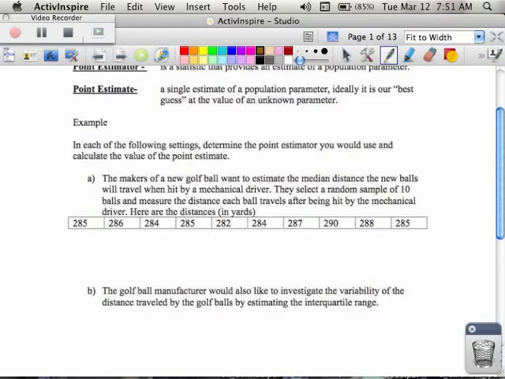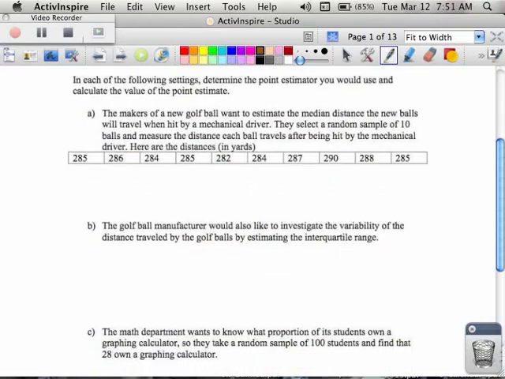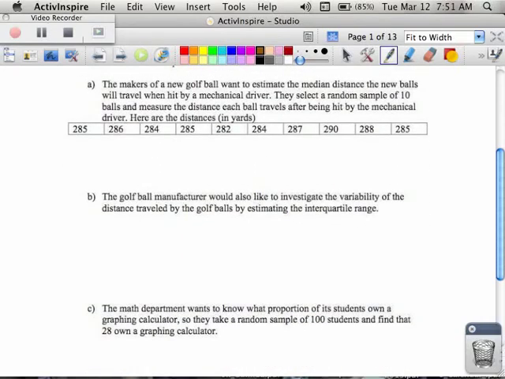So in part A, they talk about some makers of golf balls who want to estimate the median. Right away in this information, I see this word median, so in my head, I'm thinking that's going to be the point estimator. The median distance that new balls travel when hit by a mechanical driver. They select 10 samples, random that is, and measure the distance that each of the balls travels after being hit by this driver, and here are the distances. So what do we think the point estimator is going to be?